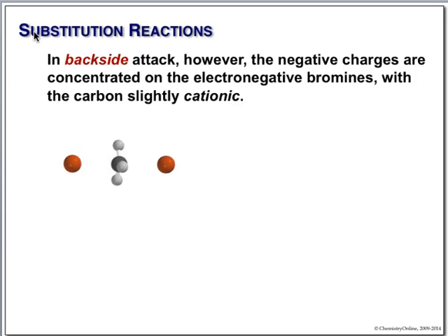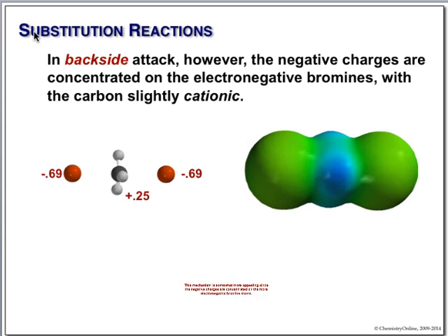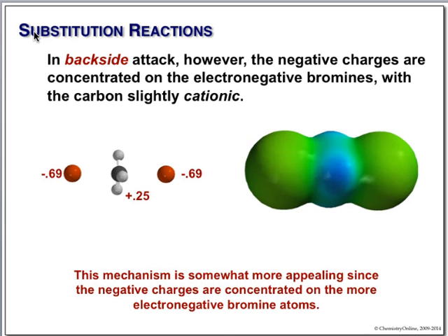If we go to the backside displacement, we have bromine coming in, there's the electrophile, bromine going out. Calculate charges. We're about minus 0.7 for each of the nucleophile and the leaving group, and now we have a nice positive carbon. This is much more fitting. Again, you can see the electrostatic potential map.